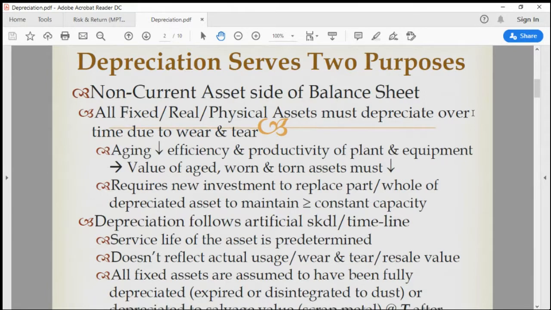But on the book, on the balance sheet, you want it to be recorded for scrap metal value or as $0.